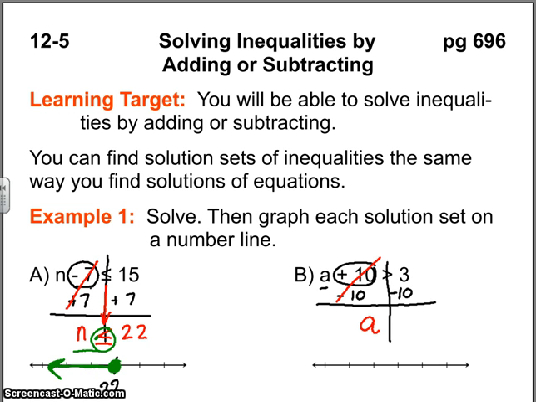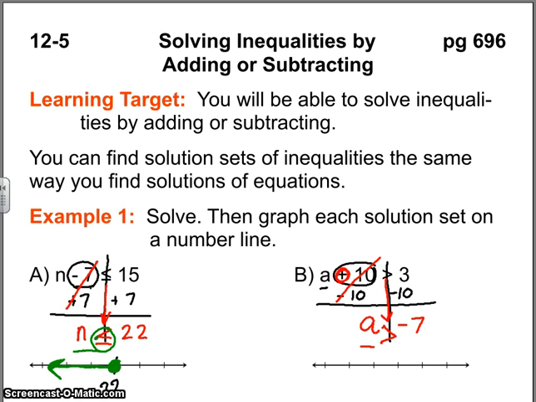And on the right hand side I have 3 minus 10, which is negative 7. And because I'm adding or subtracting, I can just bring my inequality down. So this reads a is greater than negative 7.